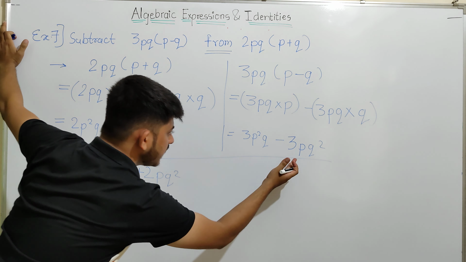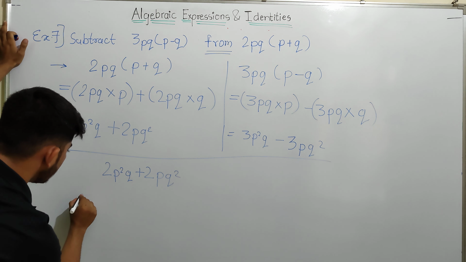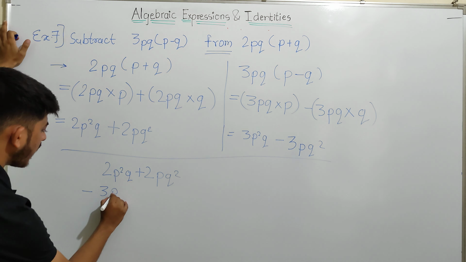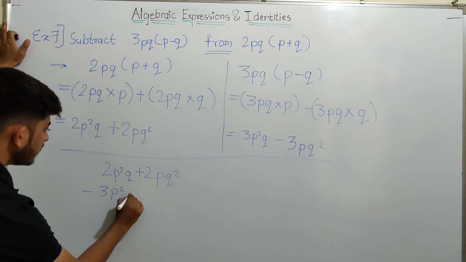Now we have to subtract this from this, so write minus (3p²q − 3pq²). Now see very carefully, it's very important. 2p²q minus 3p²q, that is, it becomes −p²q.